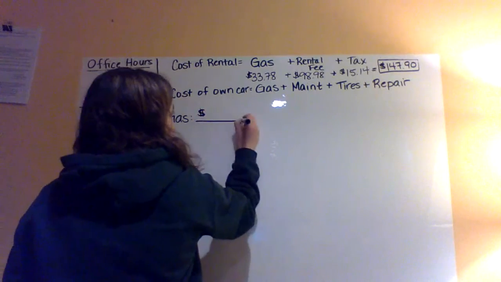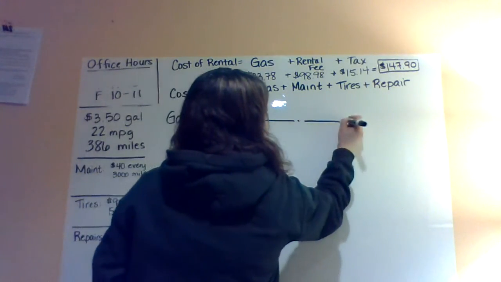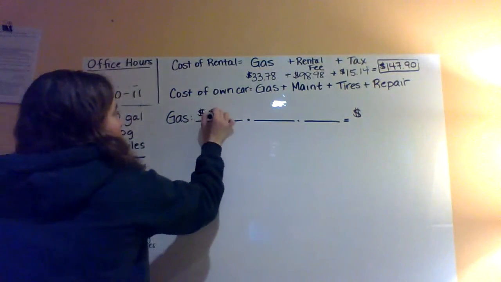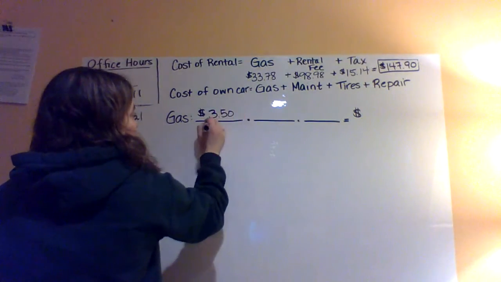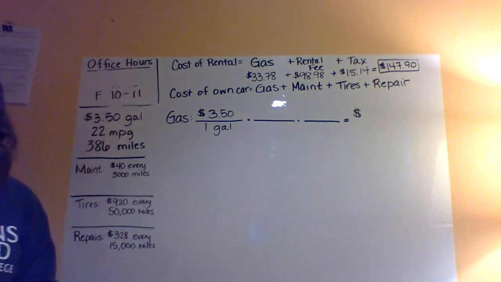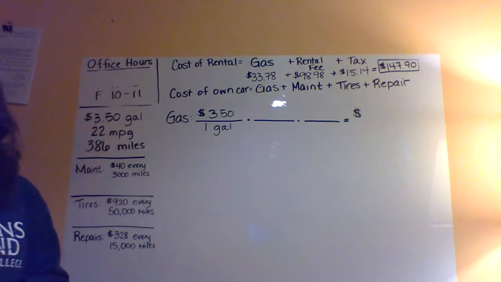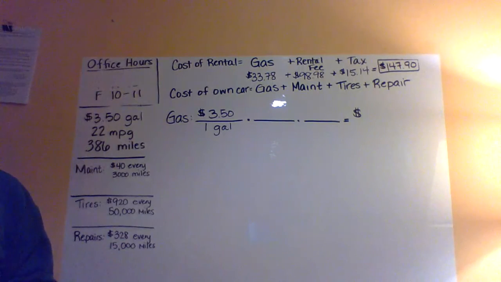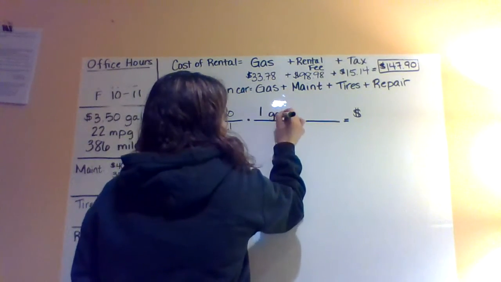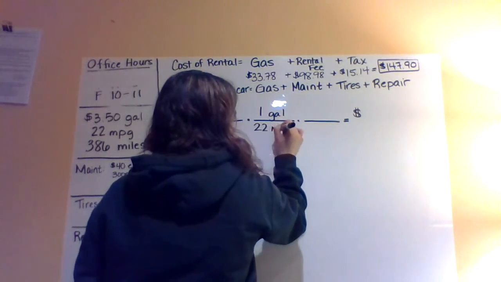Okay, so again, we wanted our answer to be in dollars. So I start out with $3.50 for 1 gallon. I want something with gallons after that in the numerator, so it will cancel out. So I'm going to put 1 gallon for every 22 miles.